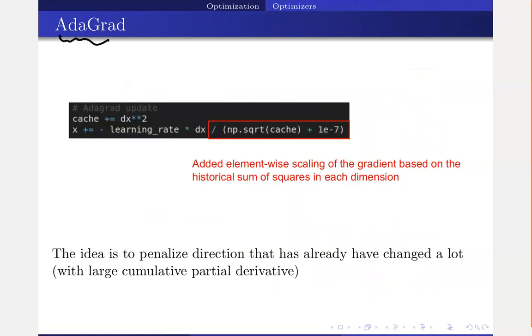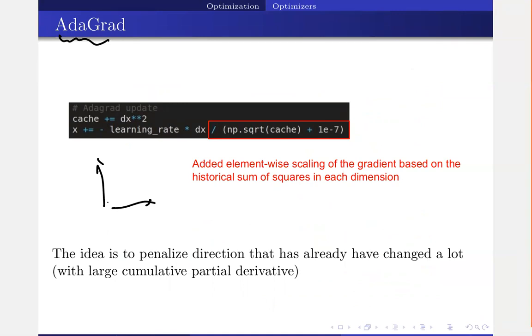But the idea is, you can imagine you have several dimensions you want to optimize, right? In one dimension you already have several updates.